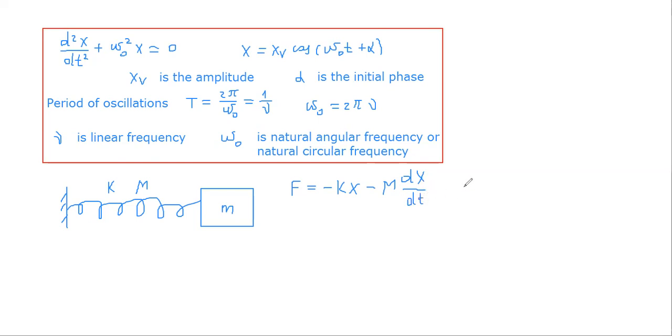So mu is some coefficient of resistance, and it describes dissipation of energy in our system.